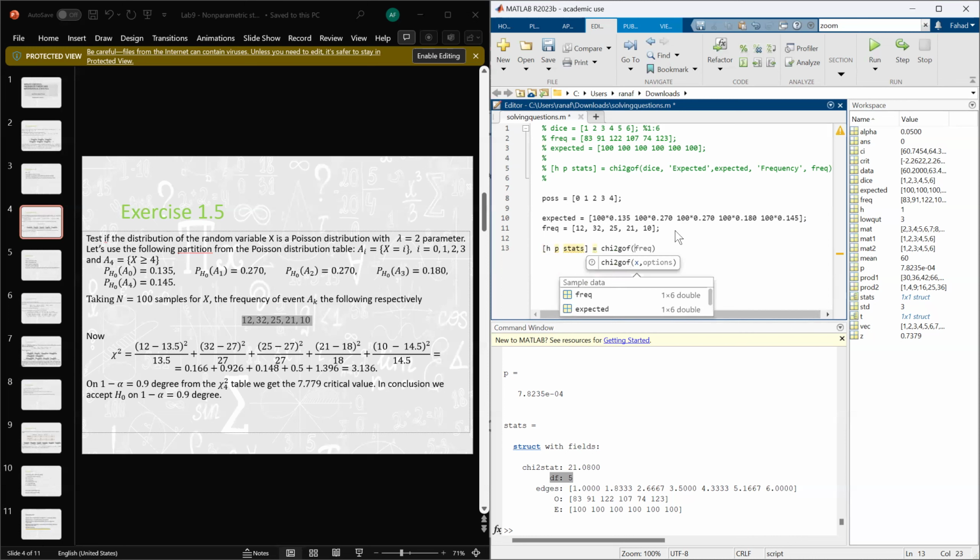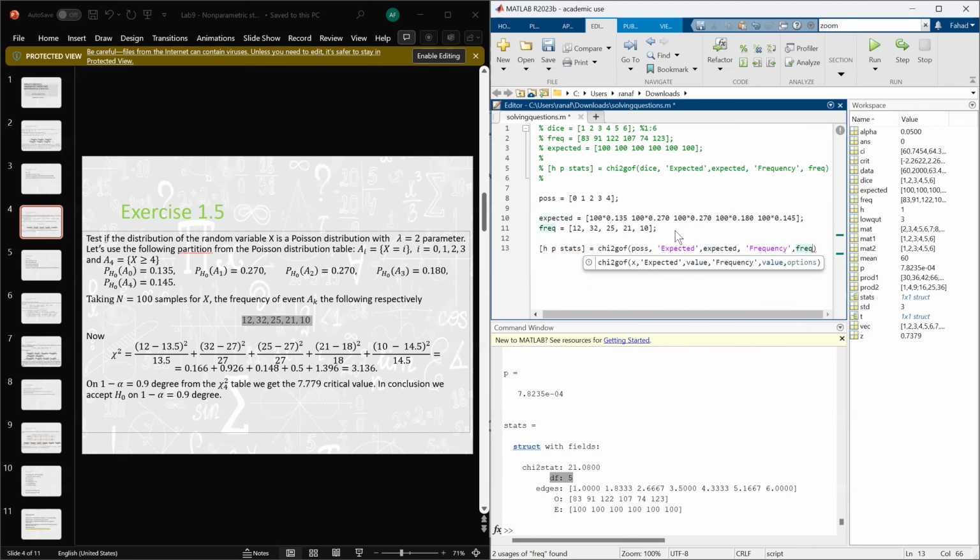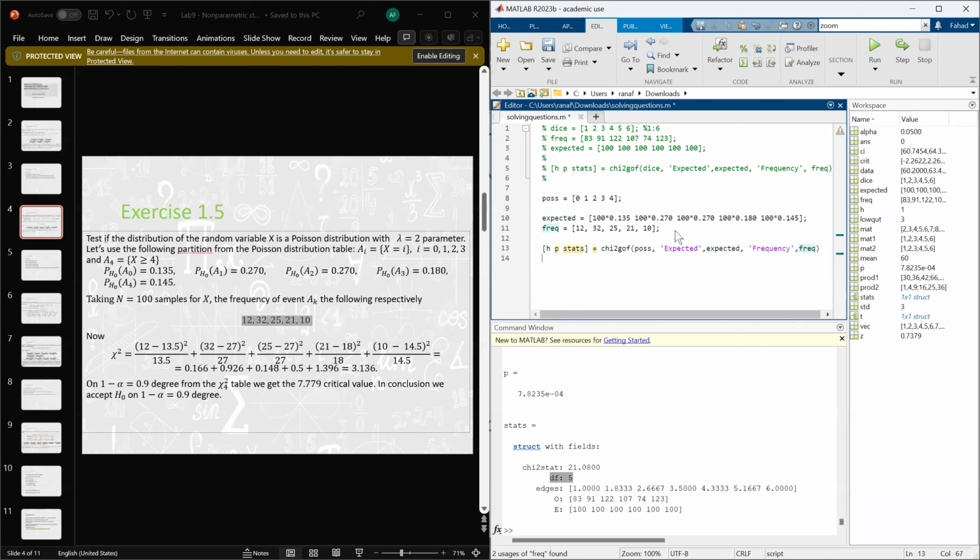You pass in the possible values, the expected, the frequency, and yeah, that's it.